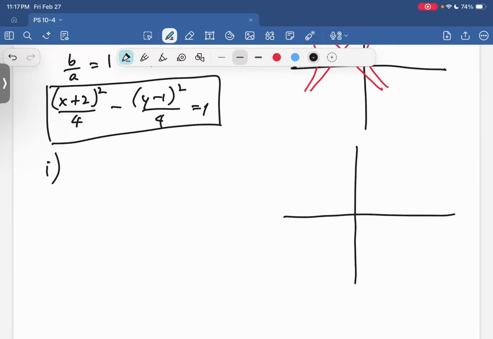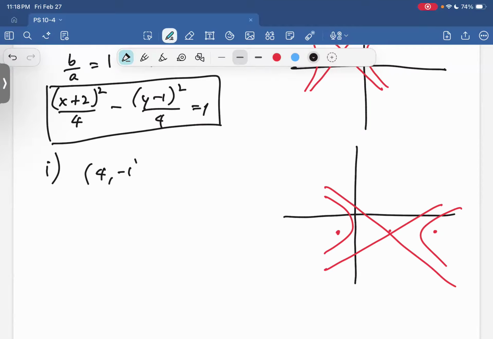Okay, so my foci are at -1, -1, and 9, -1. My asymptotes have slope 3/4 and -3/4. So this is a horizontal hyperbola. And the center is going to be at 4, -1, because the average of -1 and 9 is 4.